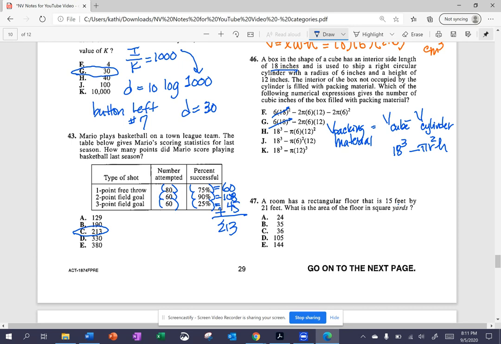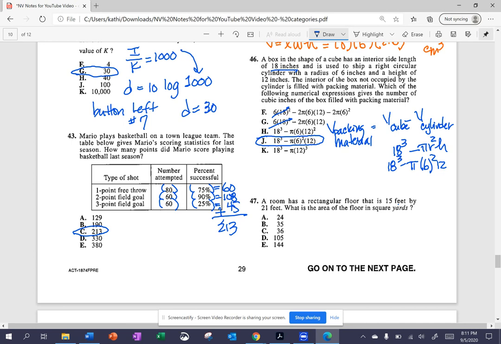So my radius is 6 inches and a height of 12 inches. So pi r squared times h. So 18 cubed minus pi 6 squared times 12.